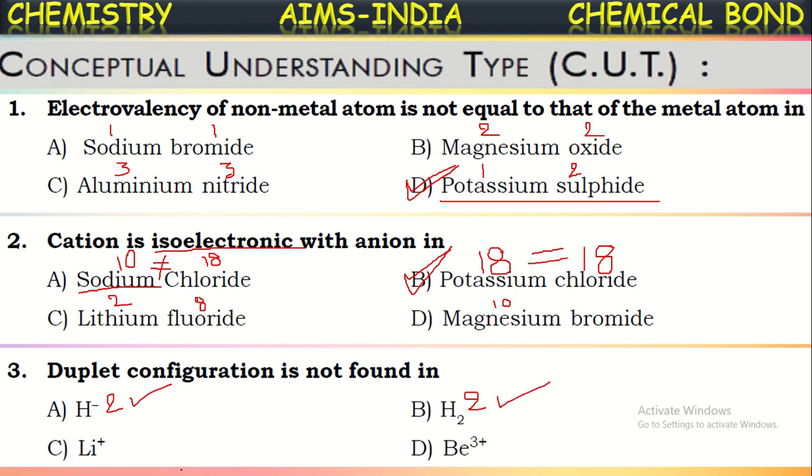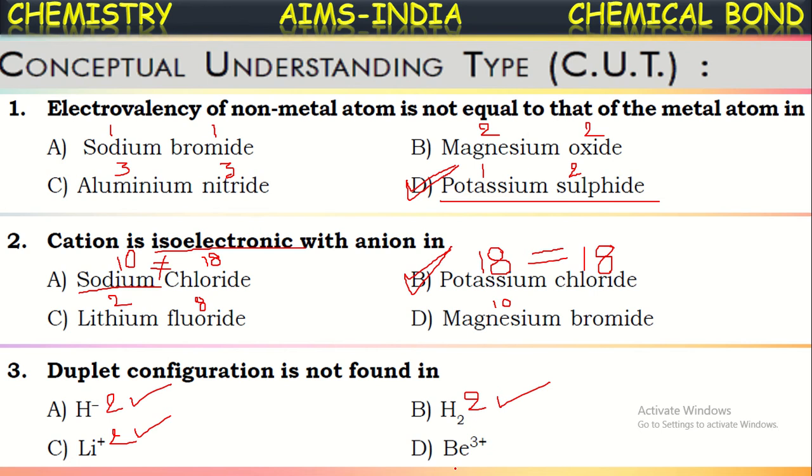And lithium, the atomic number of lithium is 3, and it is shown here Li plus, which means it lost 1 electron. By the loss of 1 electron, it remained with 2 electrons, which is called duplet configuration. And we see beryllium, atomic number of beryllium is 4, and it is shown here plus 3 symbol, which means it lost 3 electrons.